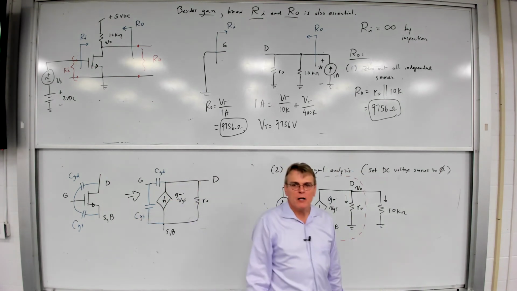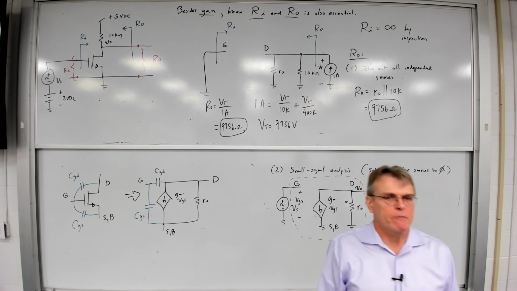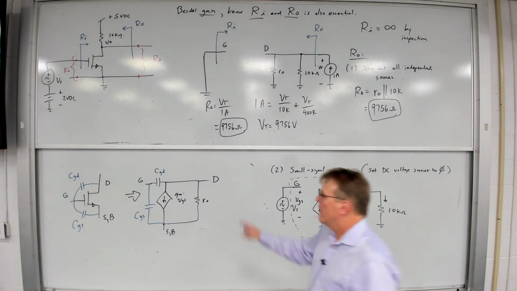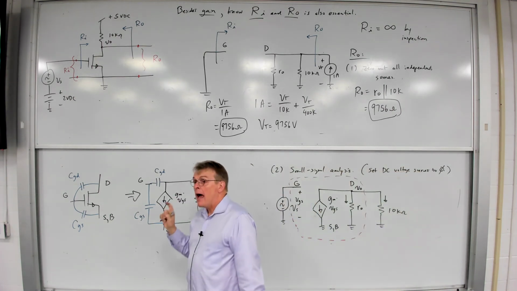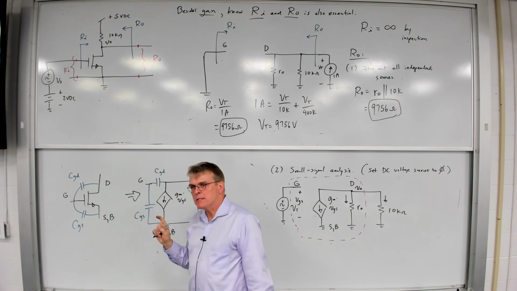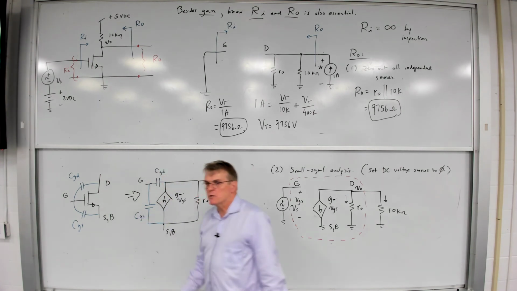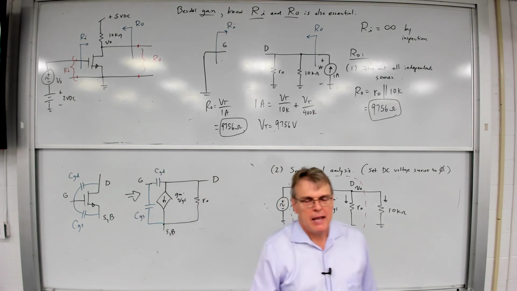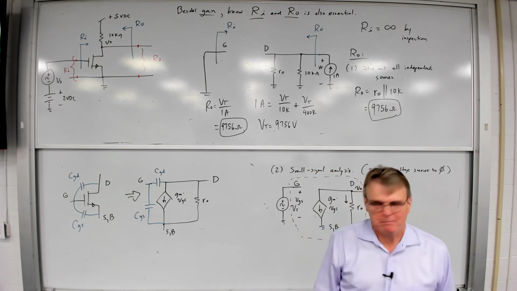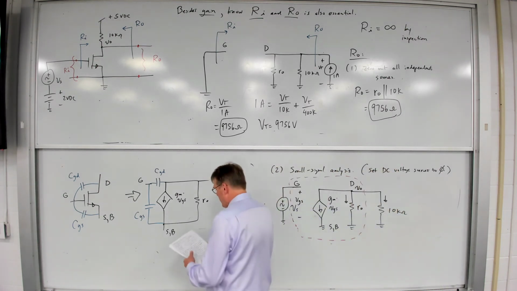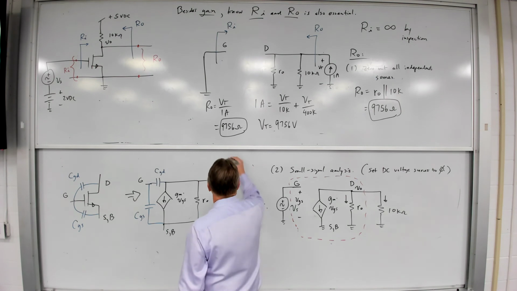They're typically going to be on the order of femtofarads or attofarads. In high performance, very high frequency designs, these capacitors become an issue. In this class, we're not going to worry about them. In this class, we're going to use the midband assumption.